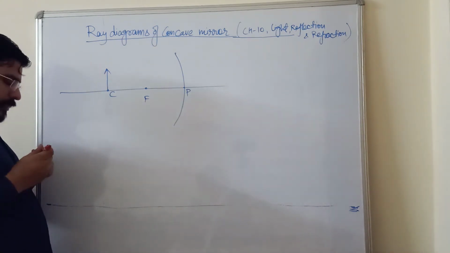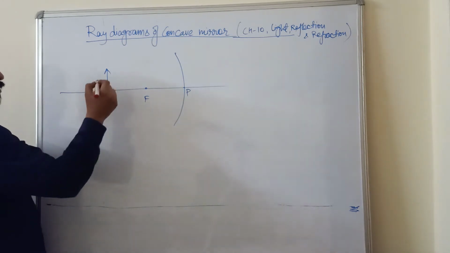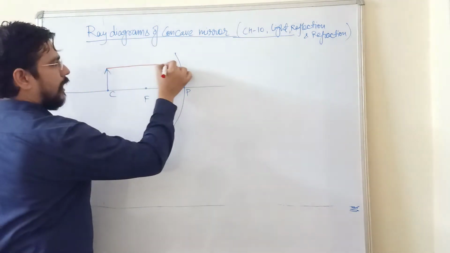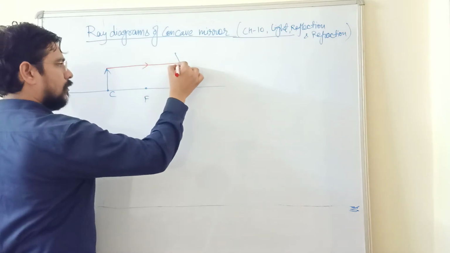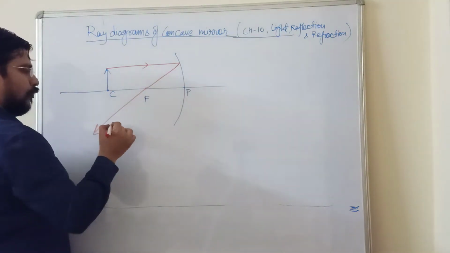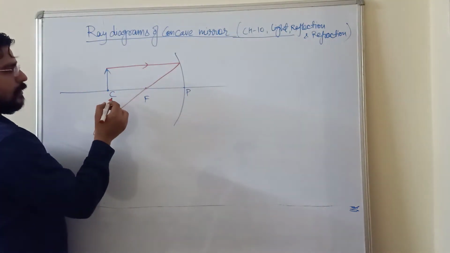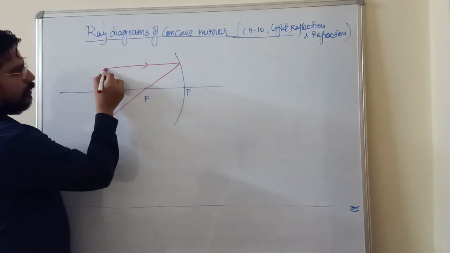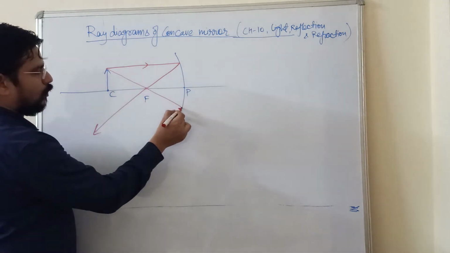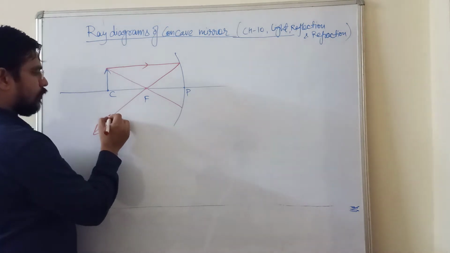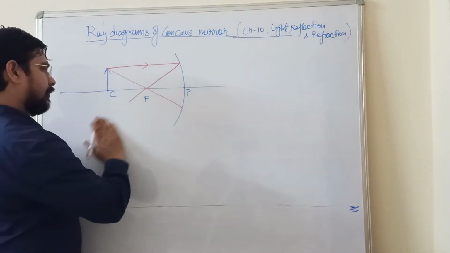Let us say red color. So any ray of light which is coming parallel to principal axis will pass through focus, and any ray of light which is going through focus will become parallel to principal axis.